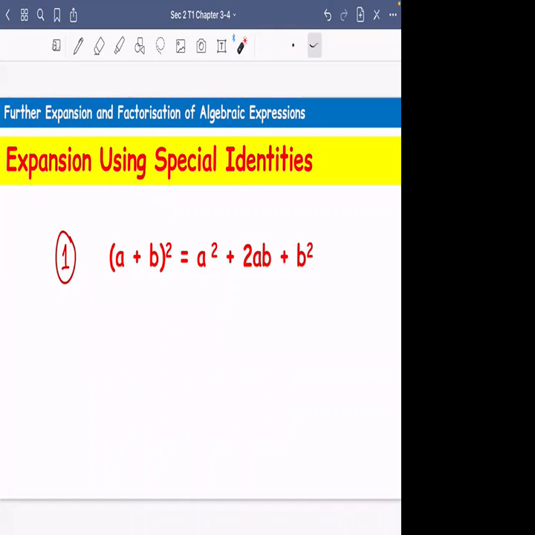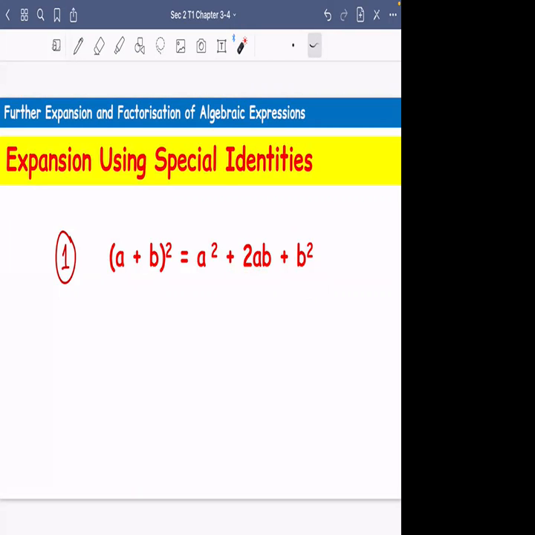Observe, class. The first term in your answer is always the square of the first term in the question. And look at the third term in your answer. It's the square of the second term in the question. Are you following, guys? Now, the different thing is this twice ab.